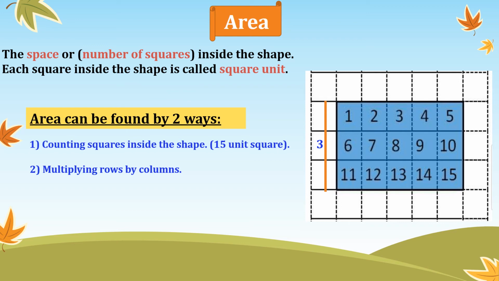We have 3 rows. How many columns here? 5. We have 5 columns. So 3 times 5 equals 15. 15 what? 15 square units. So the area is 15 square units.